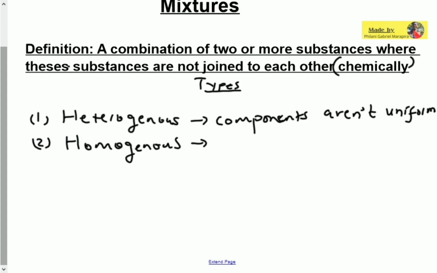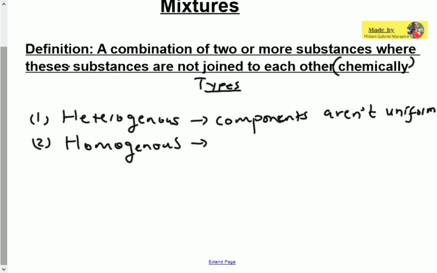And then this goes contrary to the heterogeneous mixture, which is called the homogeneous mixture. The homogeneous mixture is just the opposite. The components are uniform. So what do we mean by uniform? It means that they are not identifiable. Take for example, you take sugar and you take water and you mix them together.